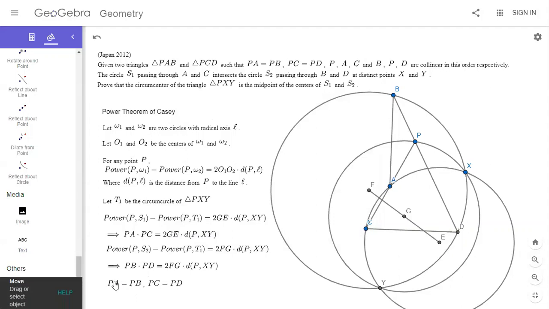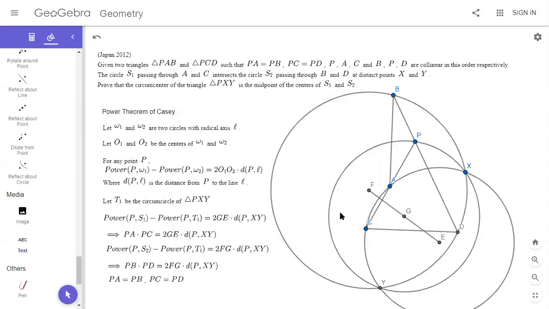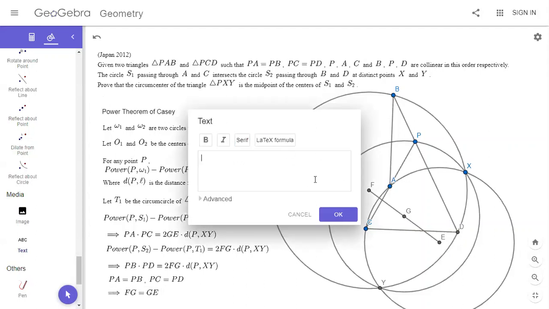And so that means FG is equal to GE. And then FG and E are also collinear. So I'll just write up at the top that FG is perpendicular to XY and GE perpendicular to XY. So F, G, and E are collinear. That's the portion you mentioned.